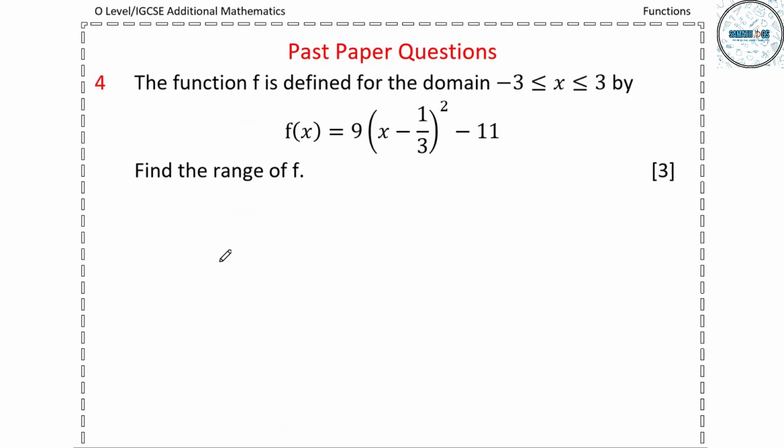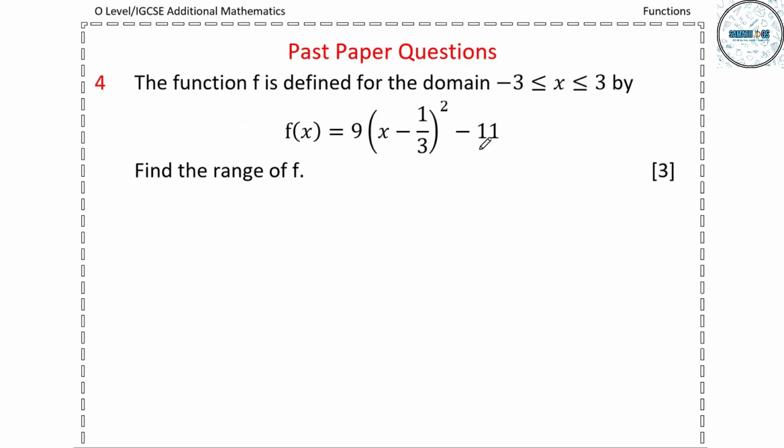Let's do some past paper questions. The function f is defined for the domain x is greater than or equal to -3 and less than or equal to 3 by f of x is equal to 9 times (x minus 1 upon 3) whole square minus 11. As we know, this is a quadratic function, so we have to consider the turning point as well.